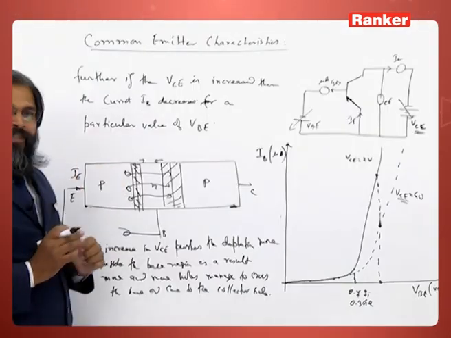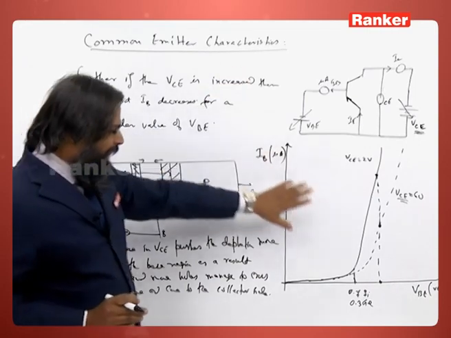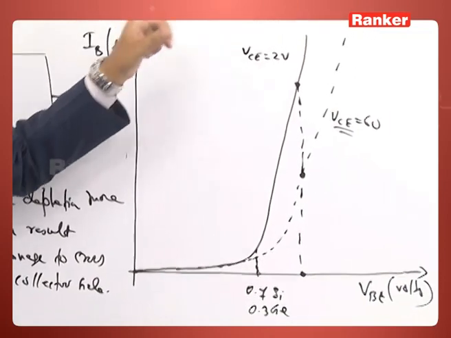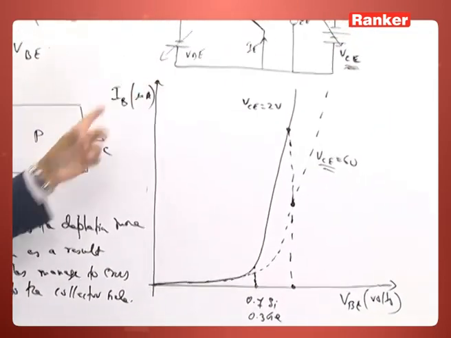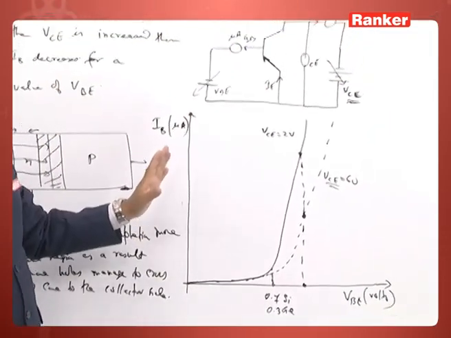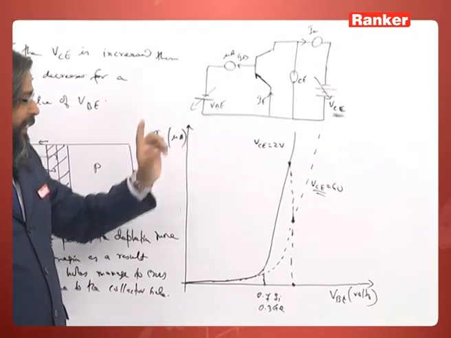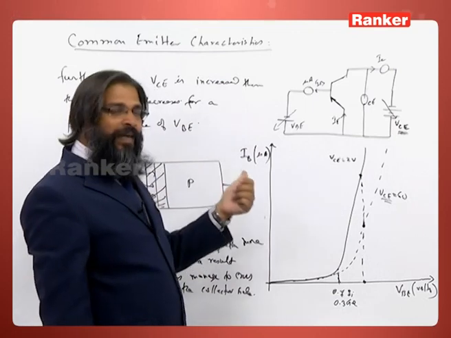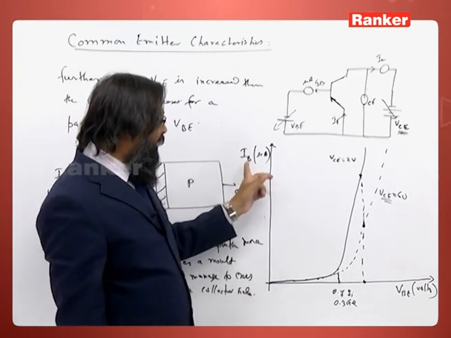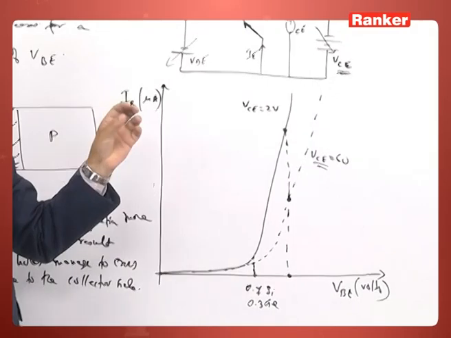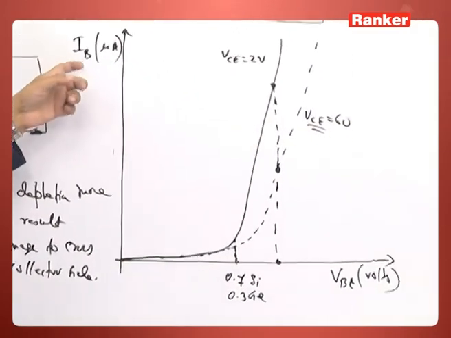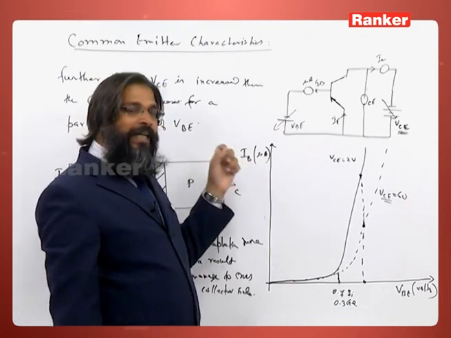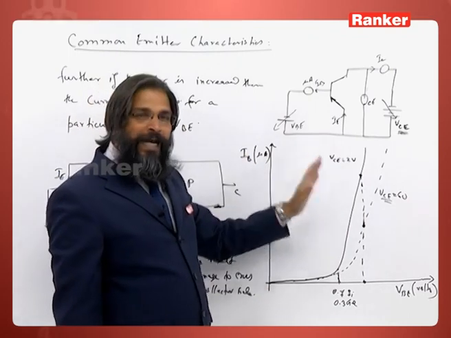So, let us summarize the input characteristic. The input characteristic is similar to a forward biased PN junction. In a forward biased PN junction there is only one current, but here we are taking IB, which is a small part of the emitter current, so a small part of that current will also behave in the same manner.